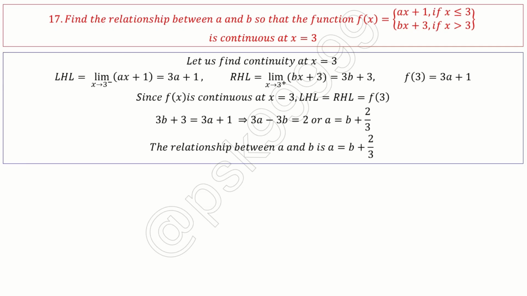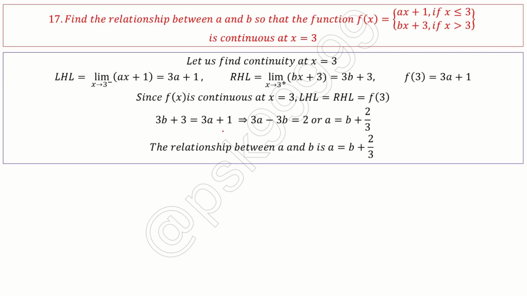Okay, now it is given that at x equal to 3 it is continuous, so LHL is nothing but limit x tends to 3 minus. If x tends to 3 minus, definition is ax plus 1, which is nothing but 3a plus 1. RHL is limit x tends to 3 plus, so definition is bx plus 3, so it is 3b plus 3. F of 3 is 3a plus 1. Now we know that it is continuous, so LHL equal to RHL equal to f of 3.